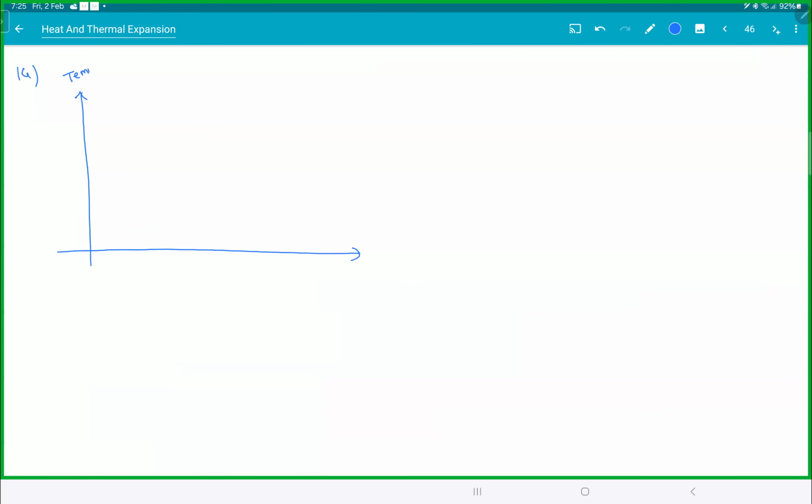Let's say we have a temperature versus time graph. Let's say this is liquid 1, substance 1. This is material 2.